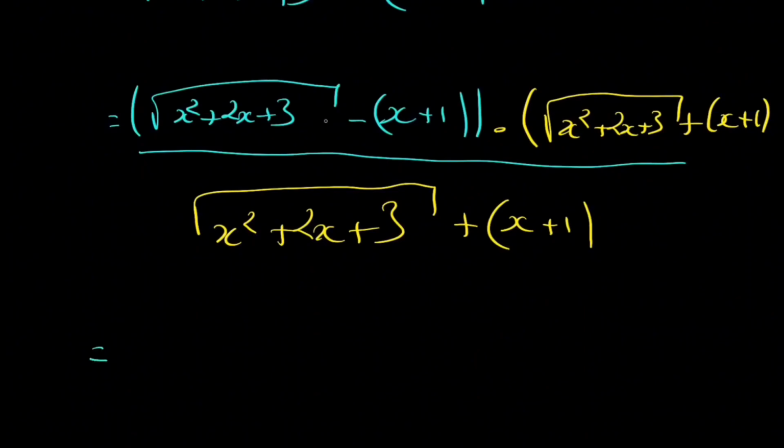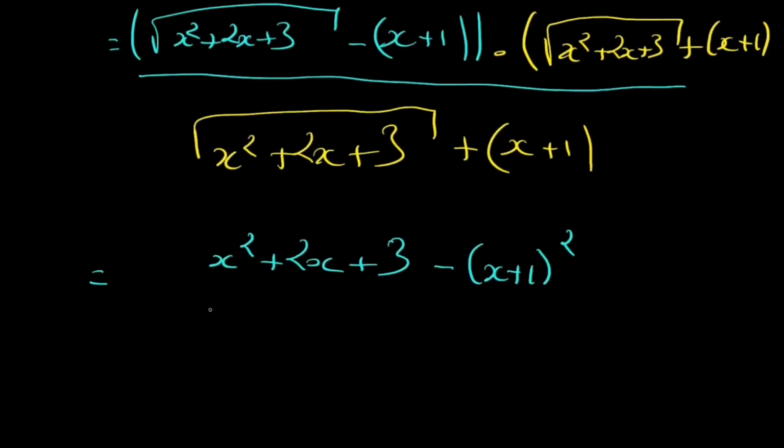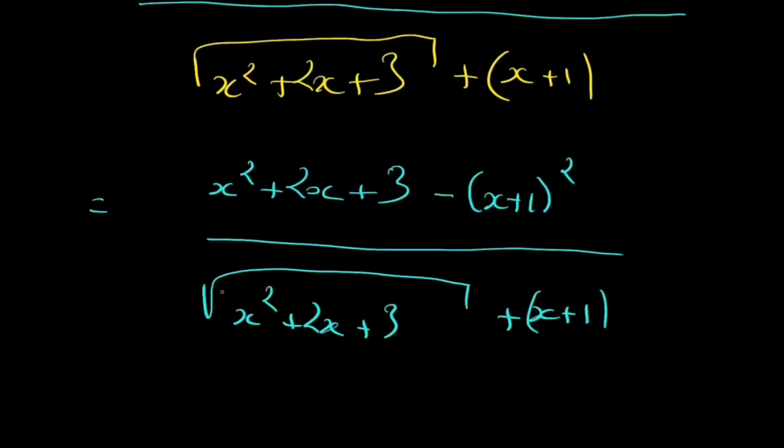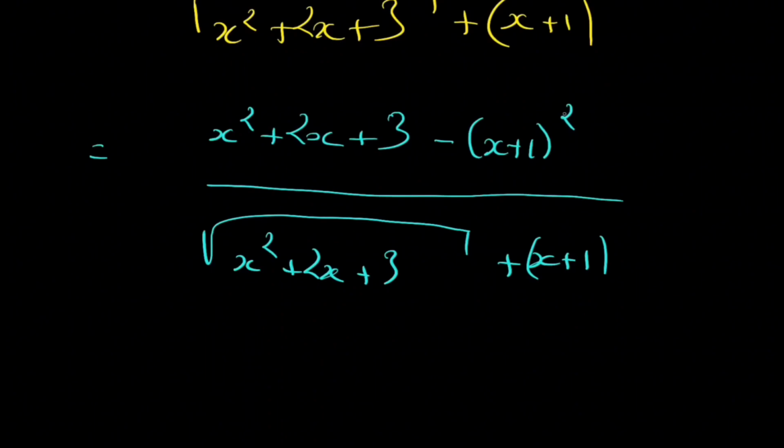So this plays the role of a, we've got a squared, so x squared plus 2x plus 3, minus b squared, so minus (x plus 1) squared, over square root of x squared plus 2x plus 3 plus x plus 1. Let's note that the expression on the bottom will tend to plus infinity as x tends to plus infinity.